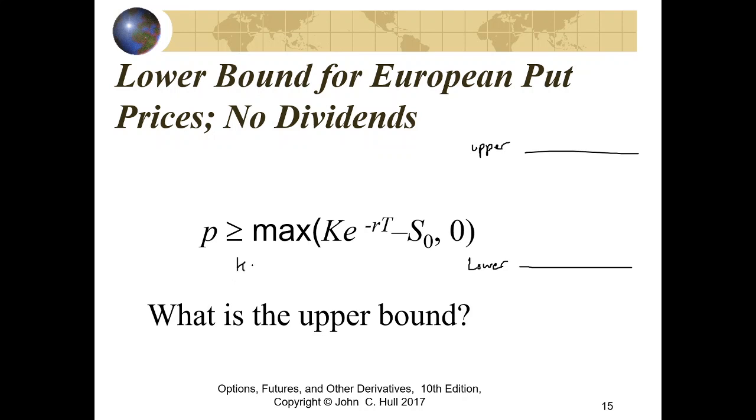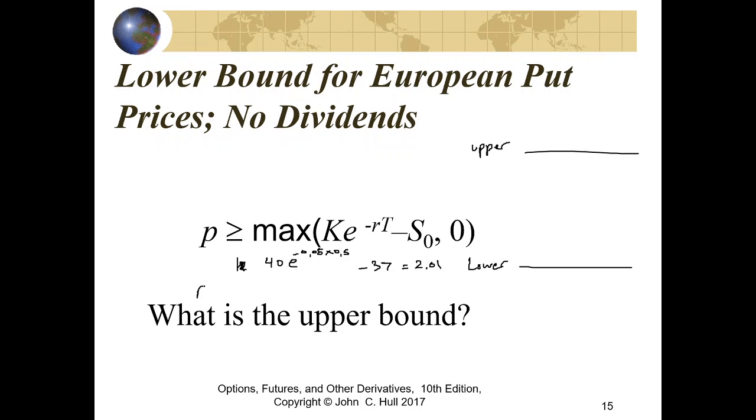K, we know K is equal to 40 times e to the power of minus 0.05 times 0.5, minus 37, which equals 2.01.